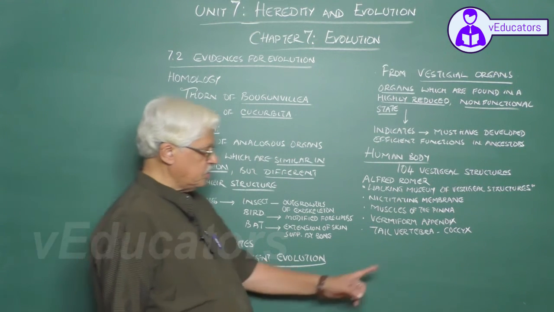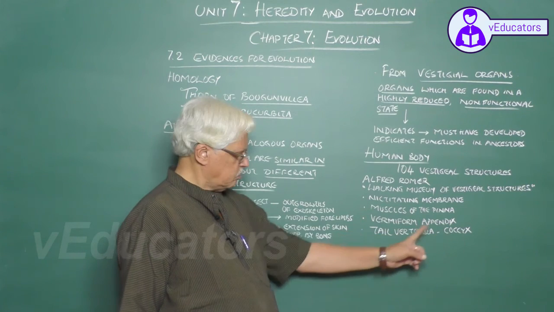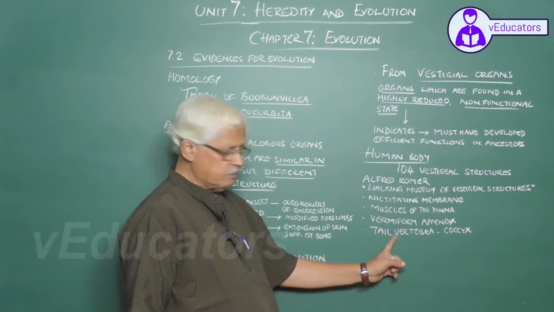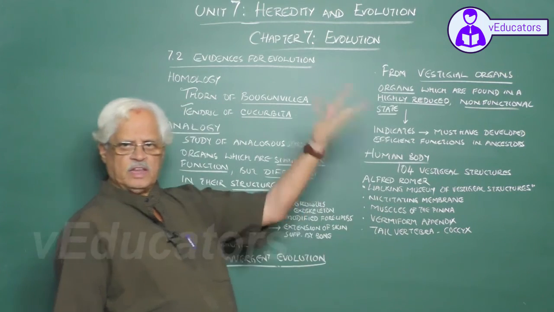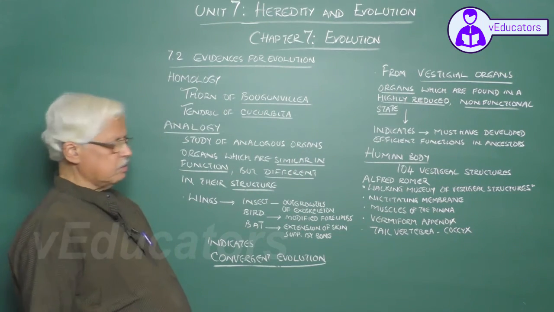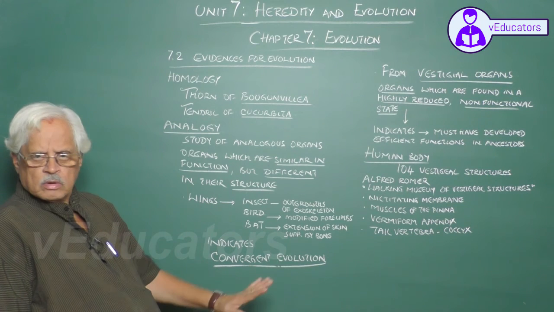So you see a vestigial bone, tail vertebra called coccyx, indicating the presence of a tail in the ancestors, but now having become highly reduced and non-functional.